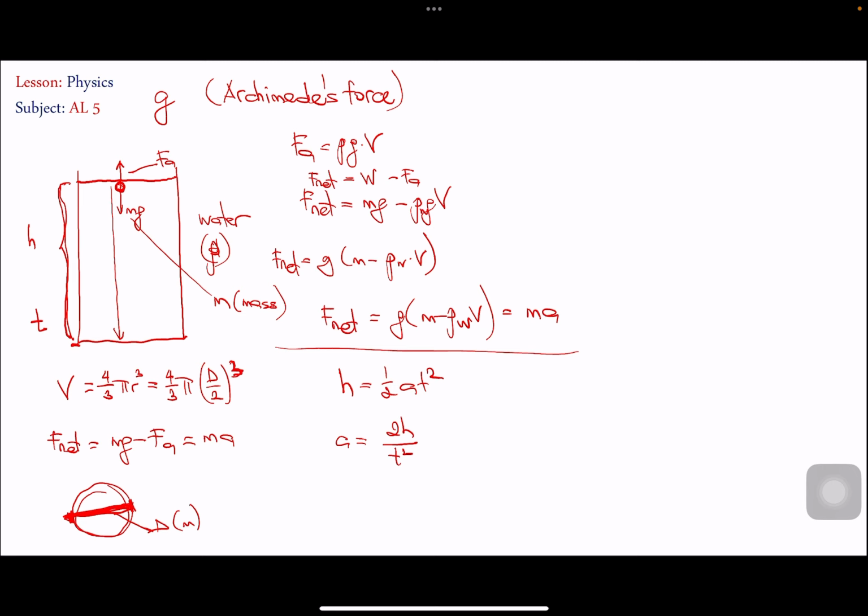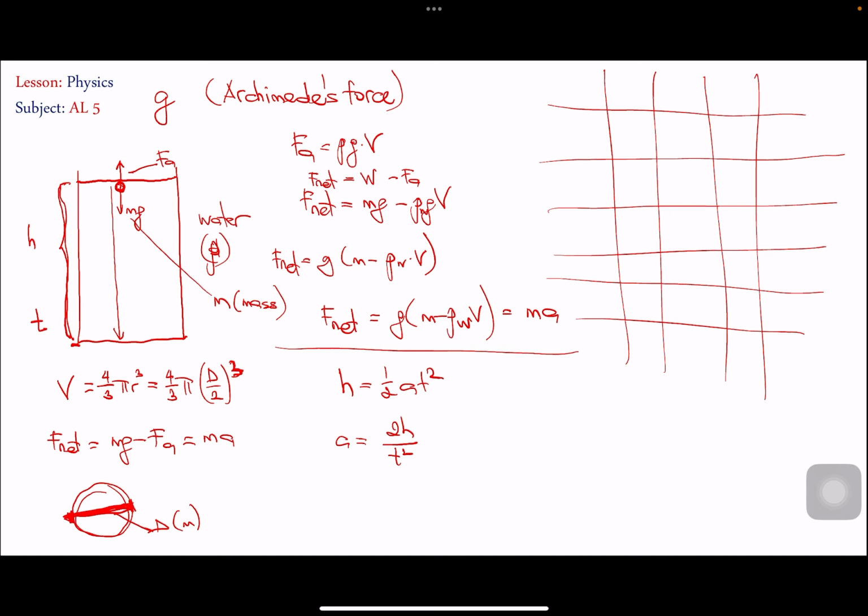You make 5 measurements, 1, 2, 3, 4, and 5, and write here the average.